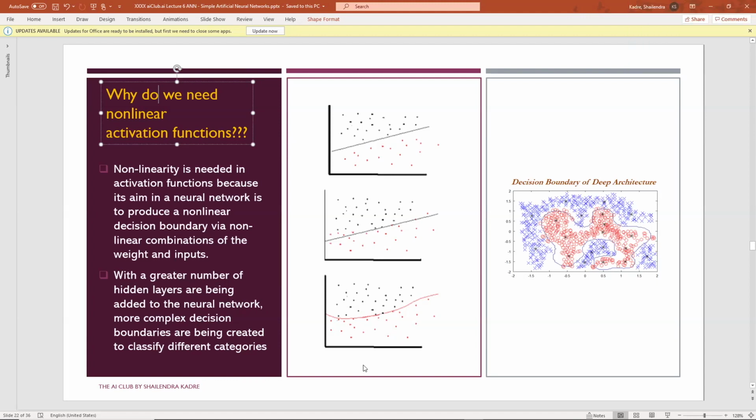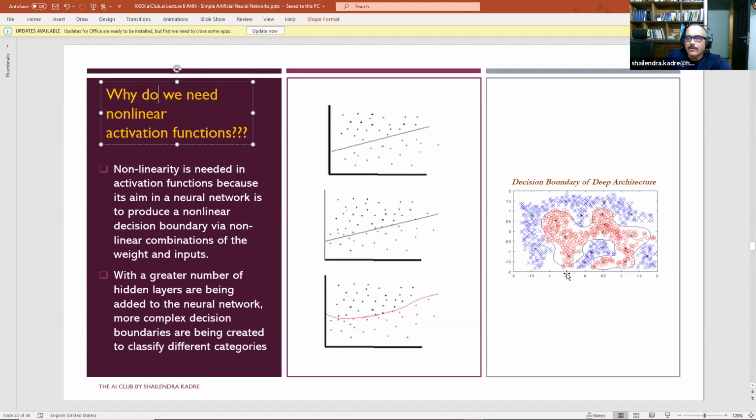So we have some classification problems in which yes and no, or class 0 and class 1, cannot be separated by straight lines. You see on the right hand side, the decision boundary of these red balls and blue plus signs, they are separated by a very complex figure, right?